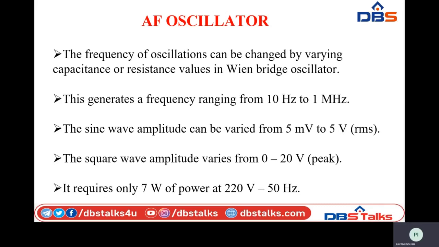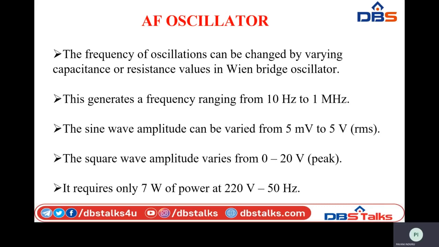So this Wien-Bridge oscillator is capable of generating signals that range from 10 Hz to 1 megahertz. The sine wave amplitude can be varied from 5 millivolt to 5 volt, whose RMS value should be taken into consideration, whereas the square wave amplitude can be varied from 0 to 20 volt peak voltage.